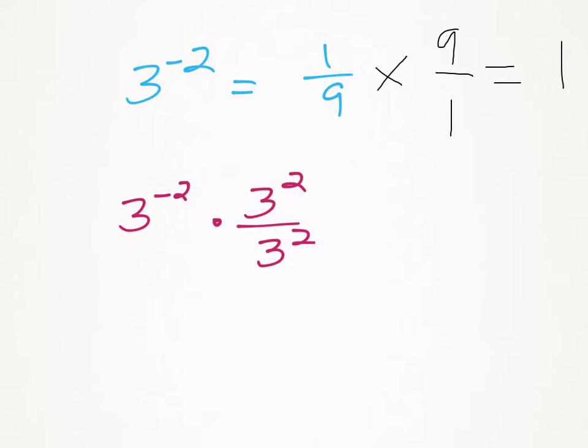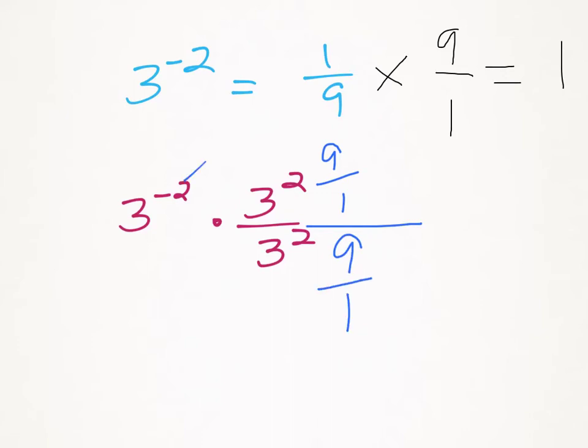Looking at it a slightly different way, we have 3 to the negative second power, just like we had above. In order to get rid of that negative exponent, we're going to multiply by the value of 1, which for this example is going to be 3 squared over 3 squared. So really we're multiplying by 9 over 9.